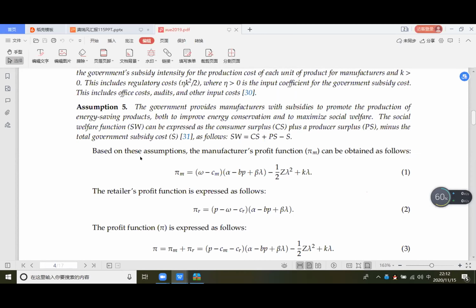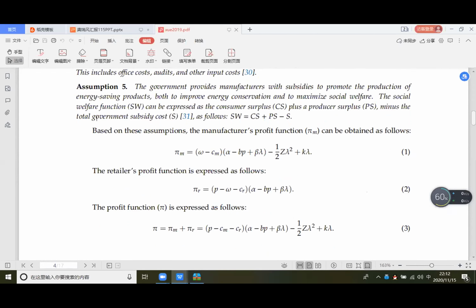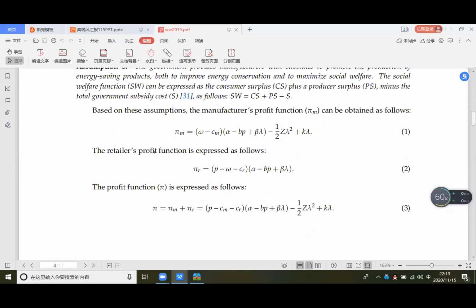So we construct these models based on these assumptions. For example, the manufacturer's profit function can be obtained as follows. The retailer's profit function is expressed as follows.